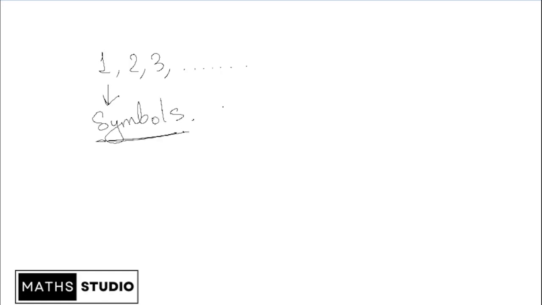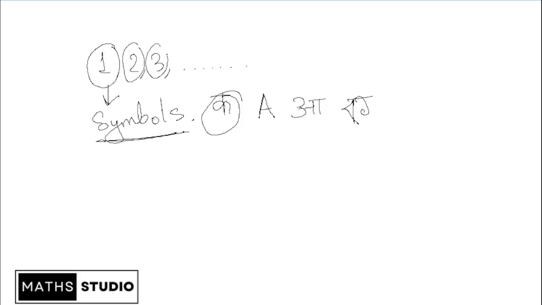Symbol means, like for example, this represents k, this represents a, this represents r, this represents k. So these are different symbols in different languages. Similarly, 1, 2, 3, all these are different symbols to represent some number. Okay, the same thing in Roman numeral, it used to be written this way. So this is also a symbol for 3, this is also a symbol for 3.